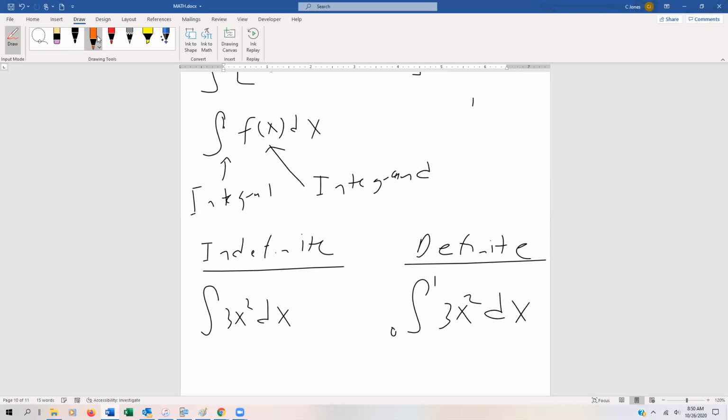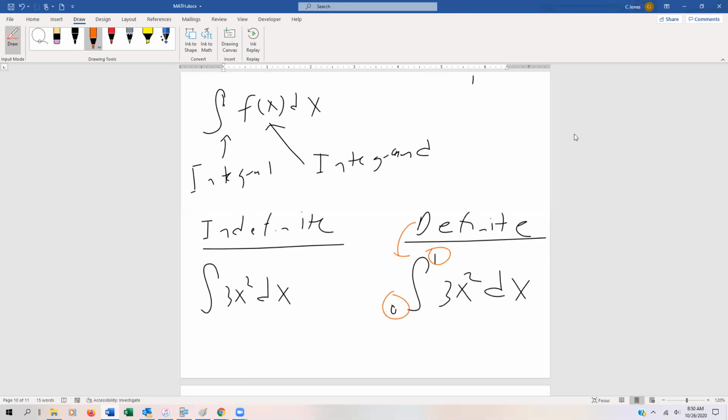The only difference between an indefinite and definite integral is that you have these things called limits of integration, and those limits of integration are on the definite integral. One other thing is that a definite integral does not get a plus c in the answer when we evaluate. An indefinite integral does get a plus c at the end. We're going to see this in the next series of videos, but I'm just setting you up for those so that if I start to use these types of terms, you do understand them.